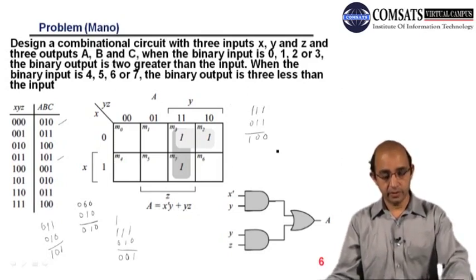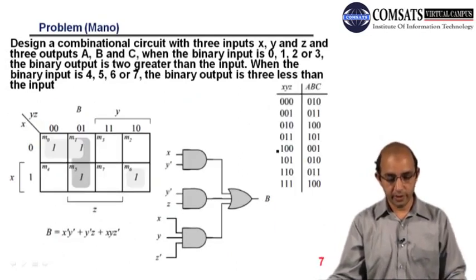Now let's move to the B, right? For B, we have M0, M1, and this is M5, M6, right? So we have this pair, and this pair, and then we have this one, single one, right?